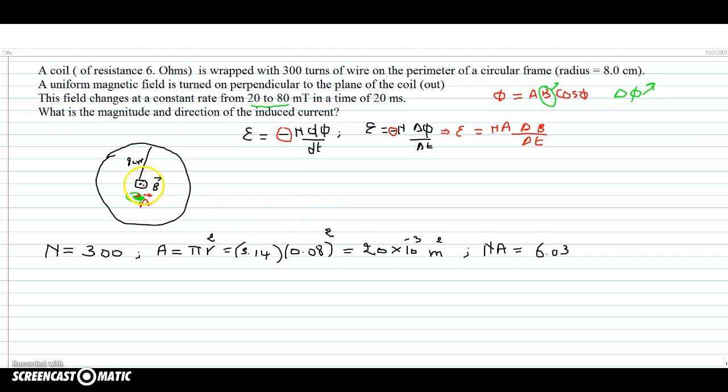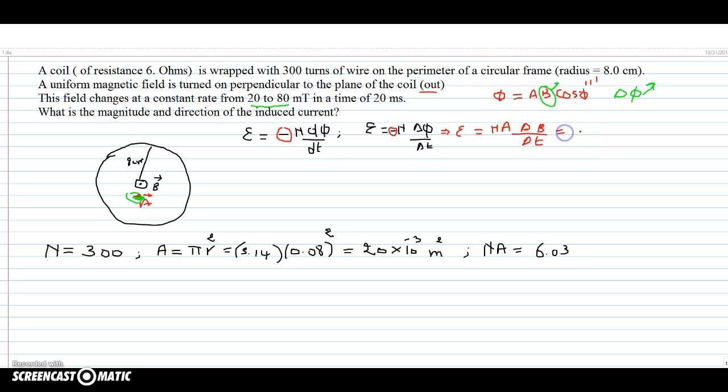By convention, A is normal to the surface, and B we are told is normal to the surface and out. So they are parallel, and cosine 0 is 1. So this quantity is 1, and we are left with A and B. We push A outside because it's constant. It is B that's changing.